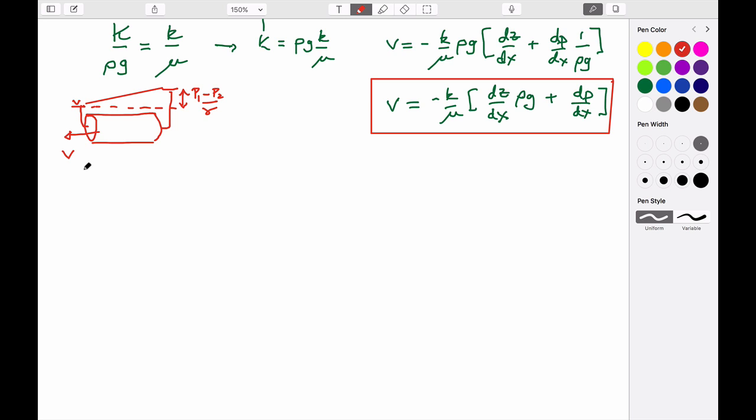We know that our coordinate system is x horizontally and z vertically. And so if you look at this expression here, what is this ratio of dz dx? X is in this direction, z is orthogonal to it, so there is no component of z in the x direction. And so by definition, this term has to be equal to 0.